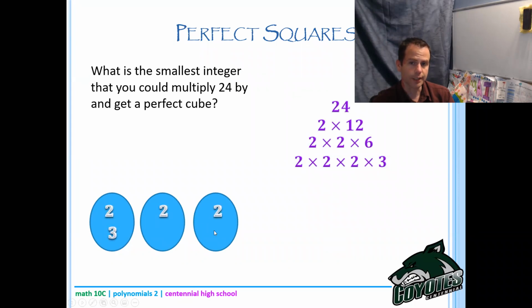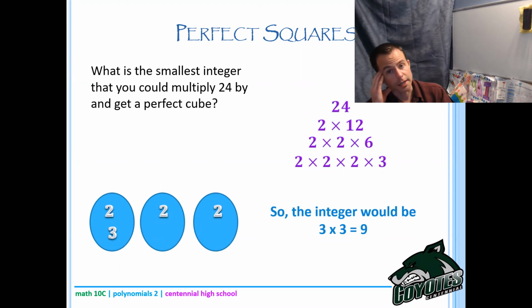If I had a 3 here and a 3 here, this would be the same number times the same number times the same number, which means I need to throw in a factor of 9 here to get a 3 and a 3. 3 times 3 is 9, right? So if I multiplied 24 by 9, I would get a perfect cube. And then you could check your work. 24 times 9 is 216, and the cube root of 216 is 6.